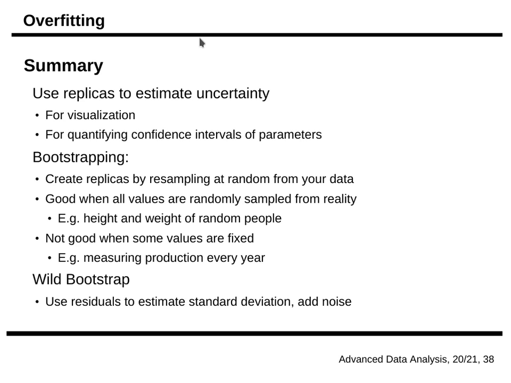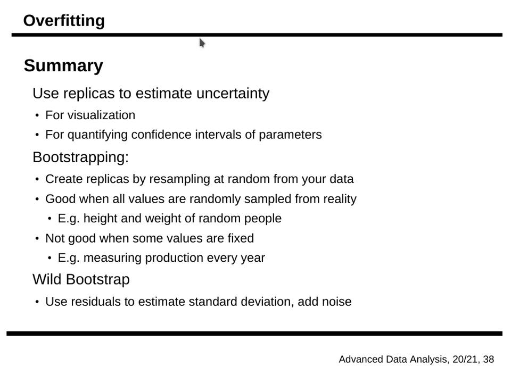understand the data better. The difference between bootstrapping in general, like we saw at first, and in particular wild bootstrap, is this: the general idea of bootstrapping is obtaining replicas from our data, and the default is just to resample at random from the data. This is good when all the values in the data are actually randomly sampled from the universe we are studying.